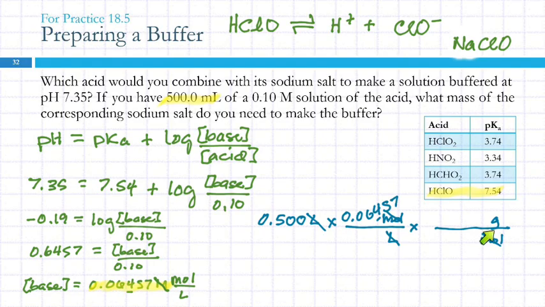And then we need the molar mass of sodium hypochlorite, right? So sodium is 22.99, chlorine is 35.45, oxygen is 16.00, 74.44 grams per mole.